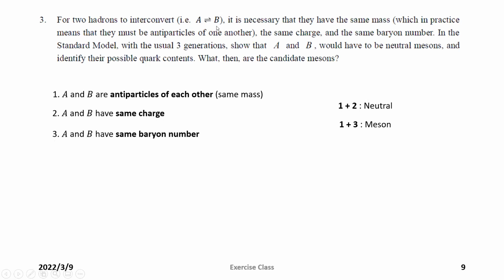And since B is an antiparticle, it will have a different baryon number from A. So A and B can only be mesons, which have 0 baryon number. And so combining, we have shown that A and B can only be neutral mesons.